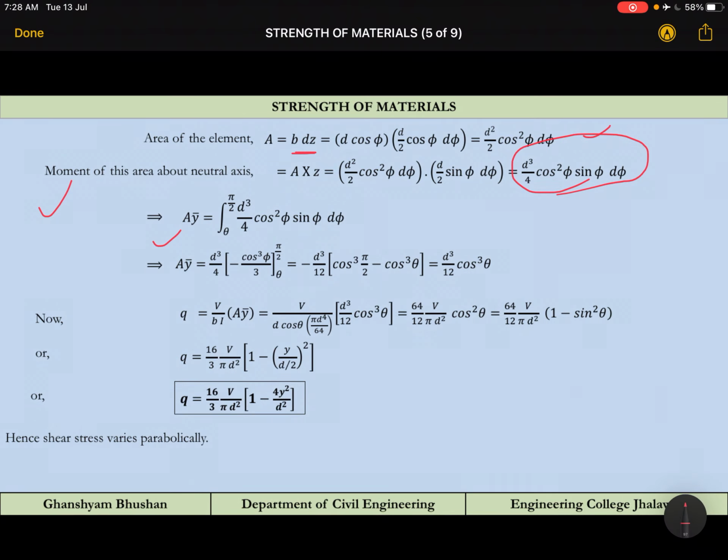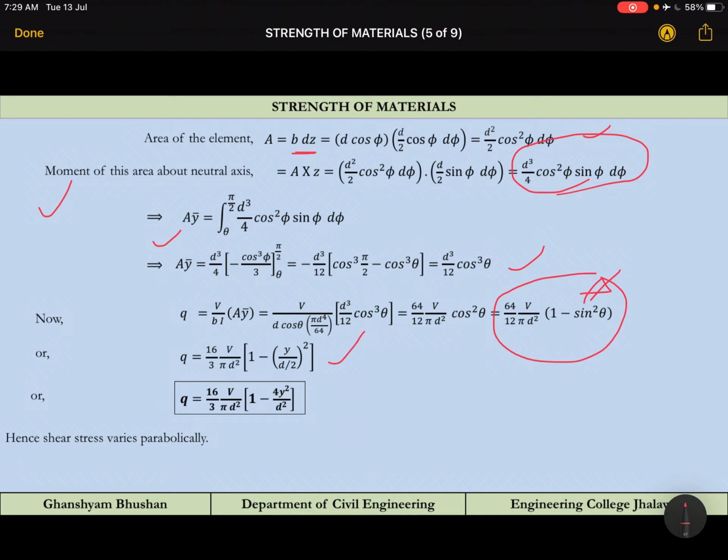So this is a very simple integration. Finally you will get d cube by 12 cos cube theta. Put all the values here, and we don't want any theta, we want the variation with respect to y. So from the right angled triangle we will substitute the value of sin theta.